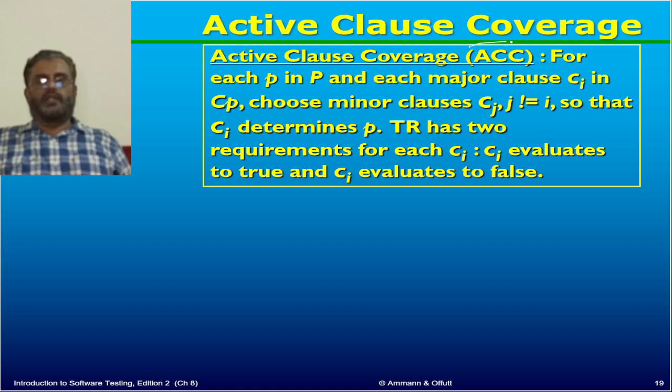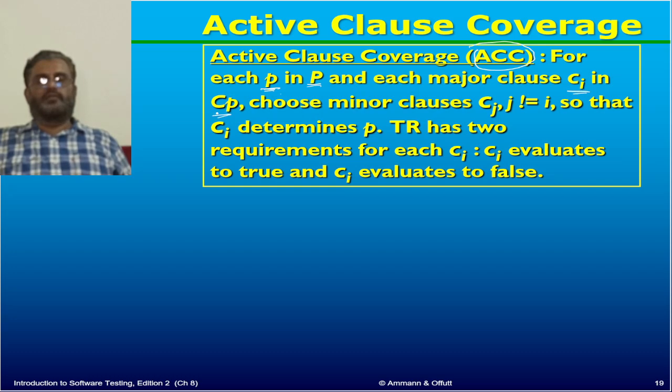can be abbreviated as ACC, and for each p, remember that small p is one predicate in this capital P, which is a set of predicates, and we denote each major class by C subscript i in C subscript P. So this capital C subscripted by P is a set of classes in this P, and Ci is one class in the set of classes.